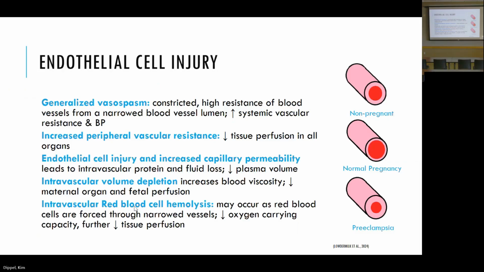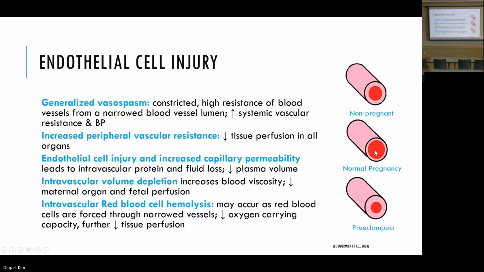When general vasospasm happens, that's constricted, high resistance blood vessels from a narrow blood vessel lumen. So if we look at the pictures on the right, here's a non-pregnant vessel. See how open the red is here? Okay, non-pregnant.